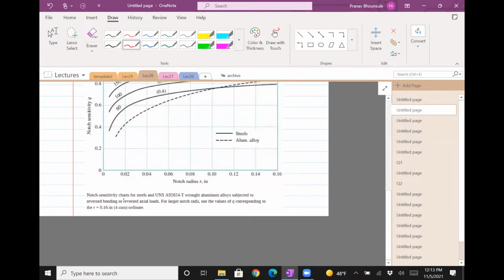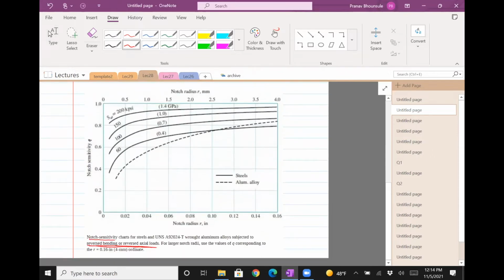This one is for the notch sensitivity for reverse bending or axial loads, okay? So keep that in mind when you look at this figure. It basically gives you q as a function of notch radius, which is specified in the problem, right?